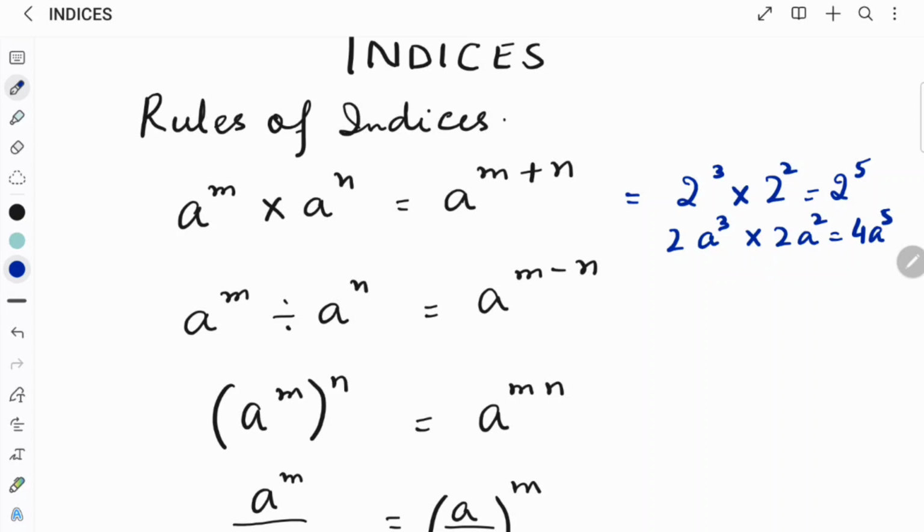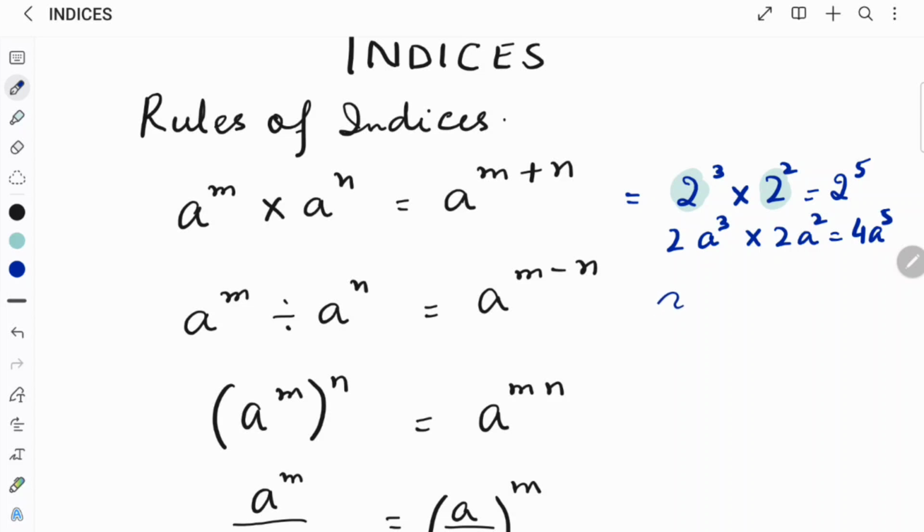The coefficients will multiply. Here 2 is the base, so you don't multiply. That's a common mistake. Students write down 2 times 2, 4 to the power 5. That is wrong. Whenever the base is there, you simply write down the same base in your answer whenever it's a question of multiplication. All right, I told you the difference between both of them.